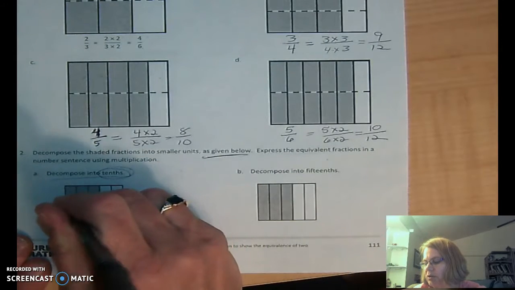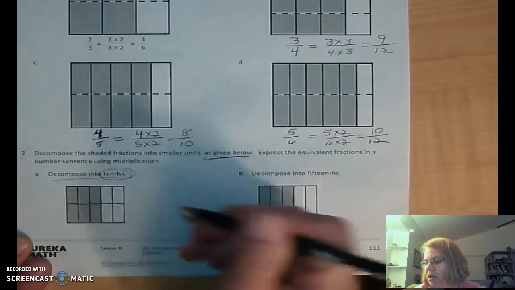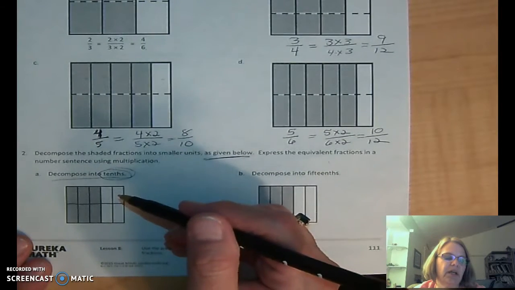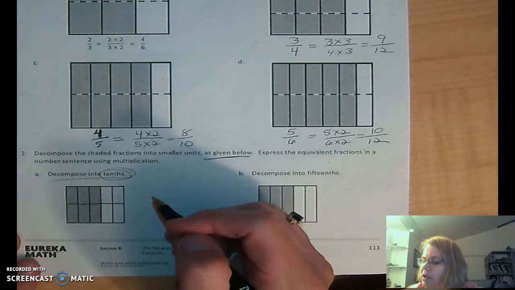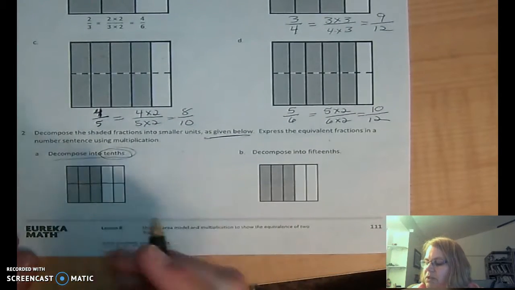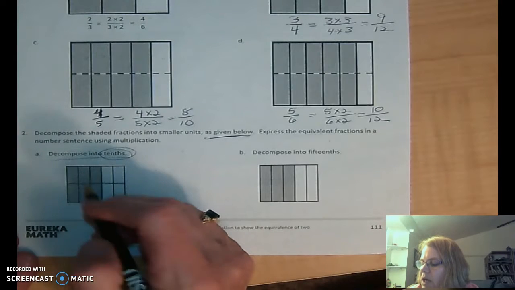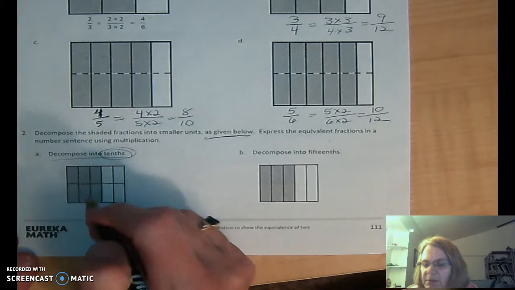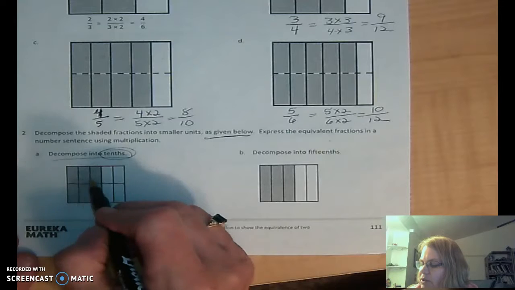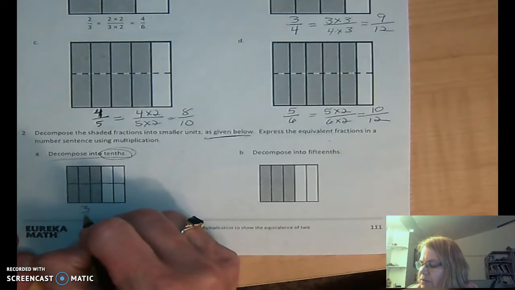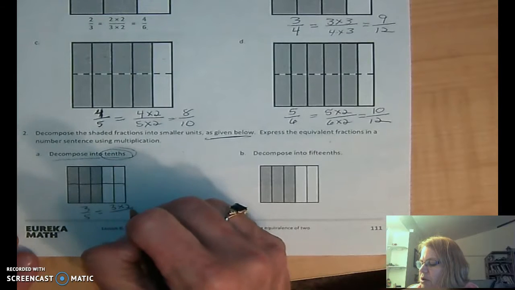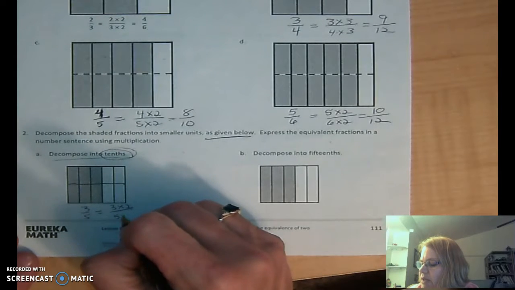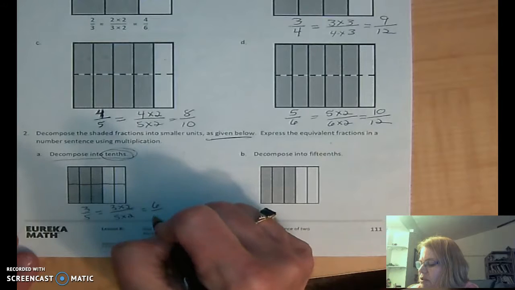So we really only need to draw one line. You can dot the line. I think it's harder to see when I dot the line. So I'm going to draw a solid line. So how are we going to write that as our multiplication sentence? Well, we started off with 3/5 equals 3 times 2 over 5 times 2 equals 6 over 10.